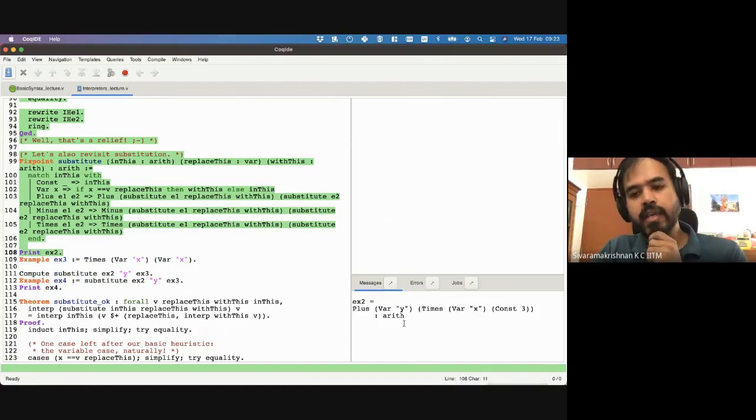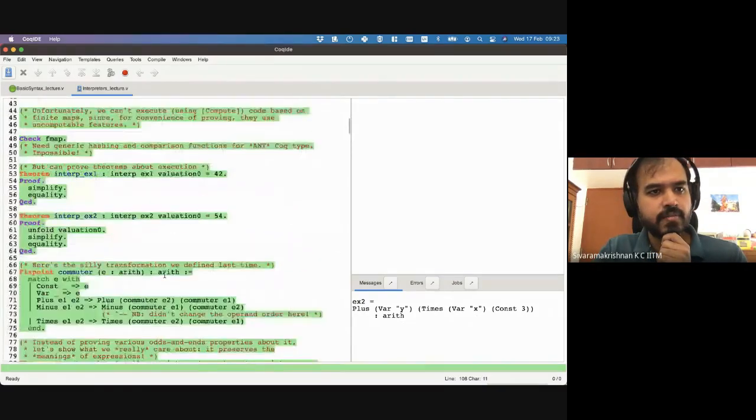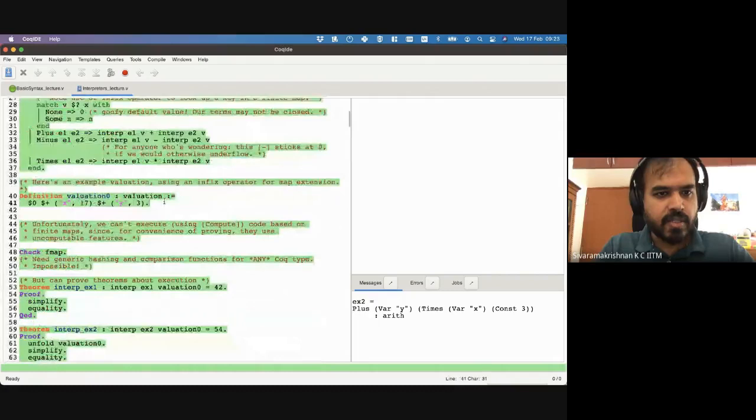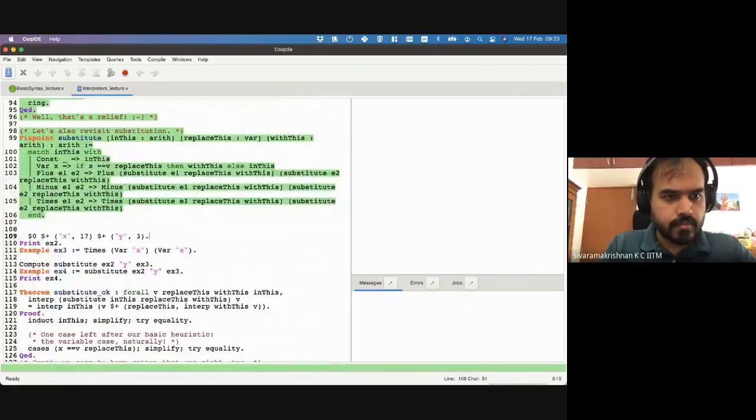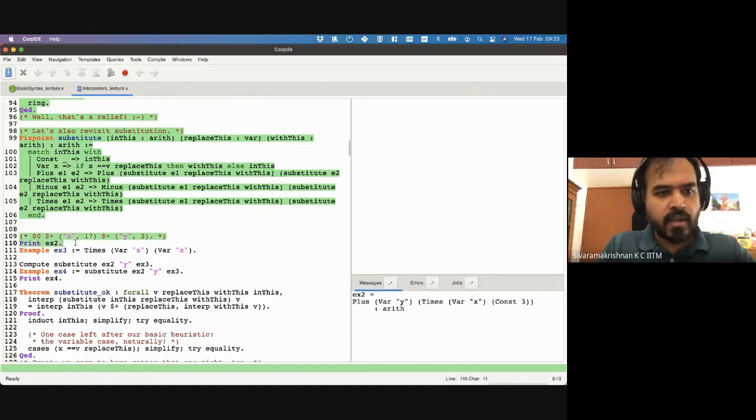We get 54 because x happens to be 17. So this is the valuation. I'll copy this over here. When we interpret ex2 under this valuation, we get 54 because it's x times 3, so 17 times 3, that's 51, plus y, which is 54.